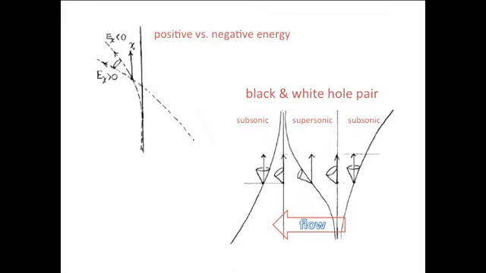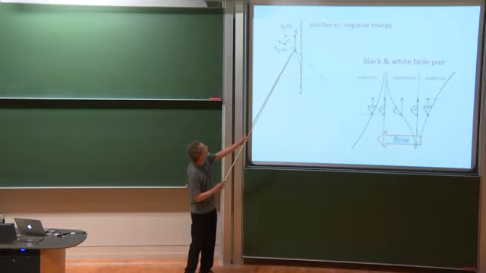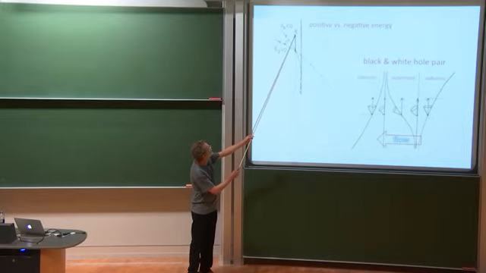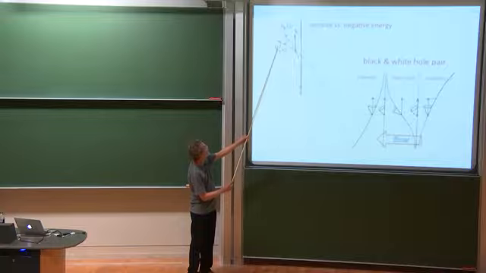Now there's this positive negative energy point I mentioned earlier. I just want to point out that if we look at a light cone here of the acoustic metric inside the horizon, and the Killing vector is this vertical vector, the inner product of an outgoing light ray, which would be on the right-hand side of this light cone, with the Killing vector would be negative, if I use a plus, minus, minus, minus signature, whereas the inner product with an ingoing light ray would have a positive inner product.